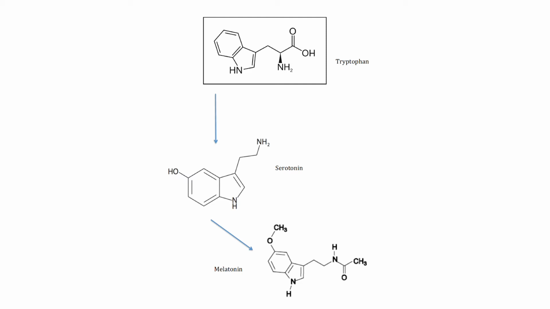Now, when I saw this, it occurred to me that, well, if tryptophan is an essential amino acid, and the only way we can get it is through our diet, is it possible, now let's just talk about serotonin, is it possible that some individuals with depression may have low levels of serotonin because they simply don't have enough tryptophan in their system? You need to get it from your diet.